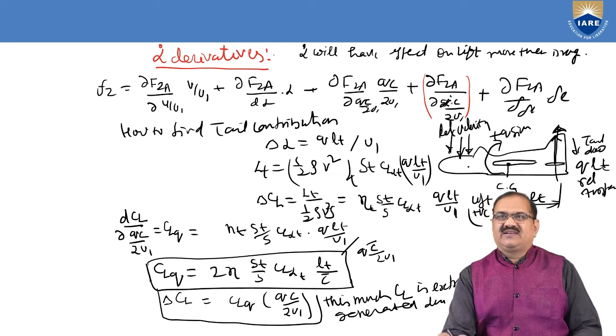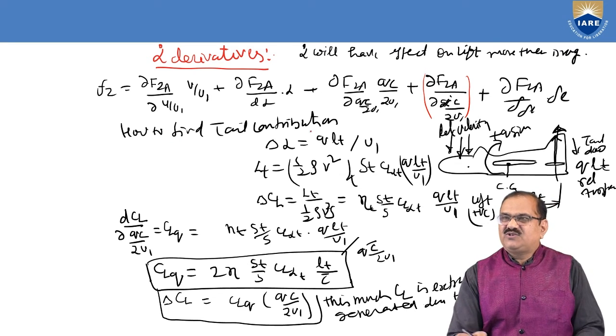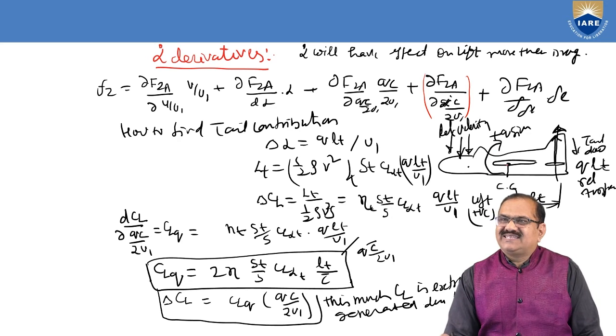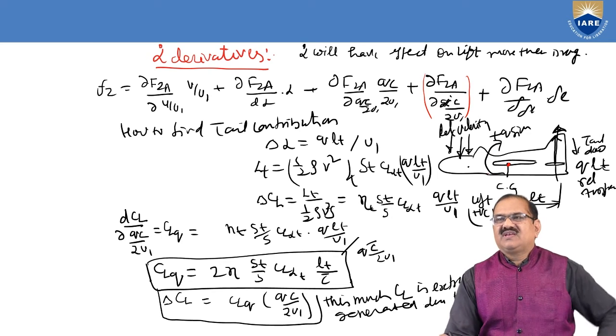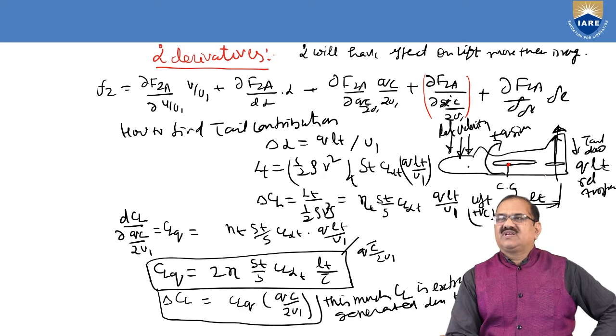So how to find the tail contribution? Just you can see here. Here is the center of gravity of the aircraft, CG. This is the tail here. The aerodynamic center of the tail is located at LT distance from the center of gravity of the aircraft.